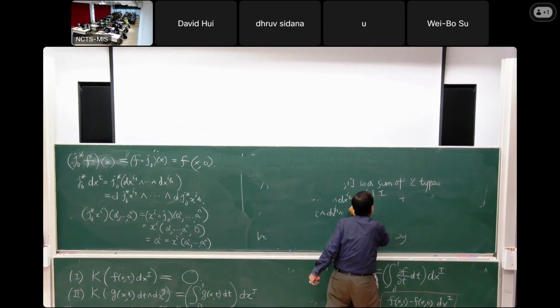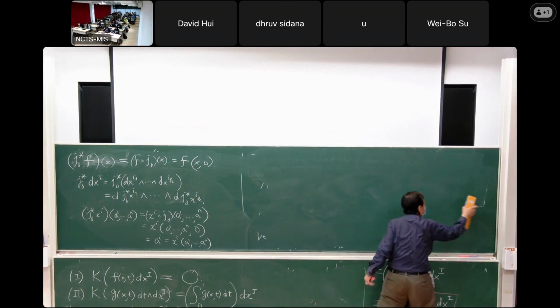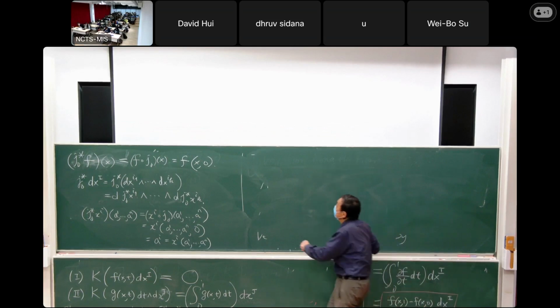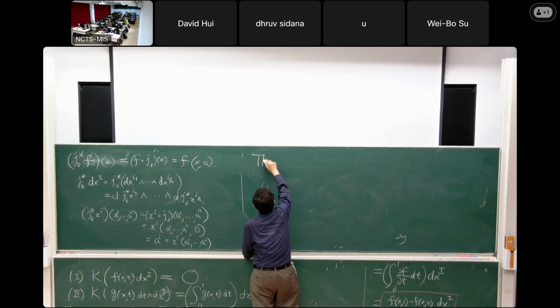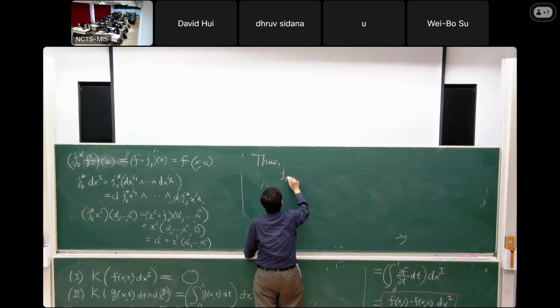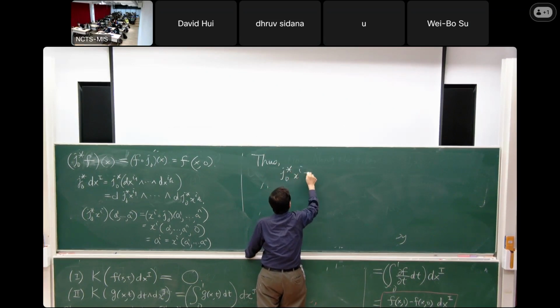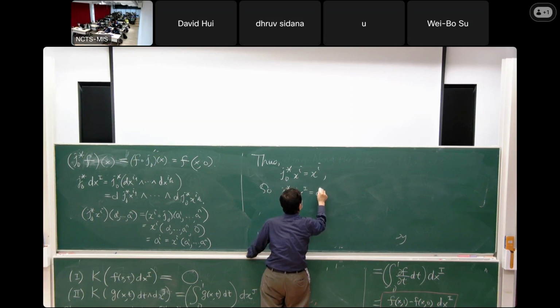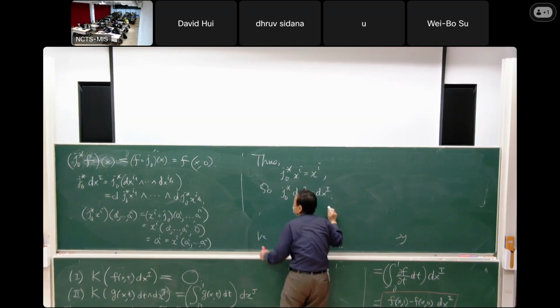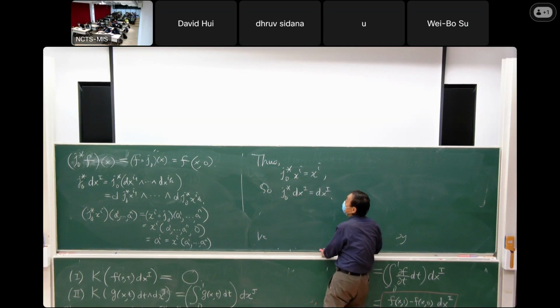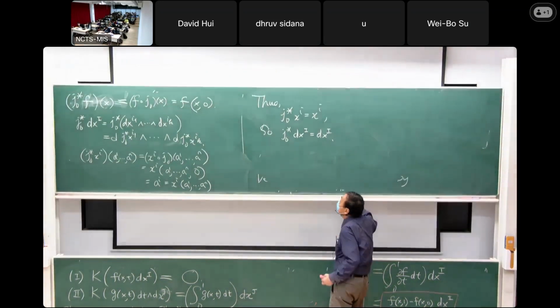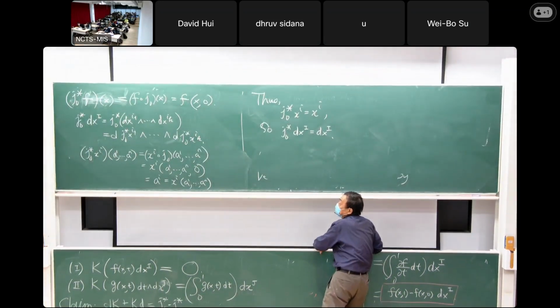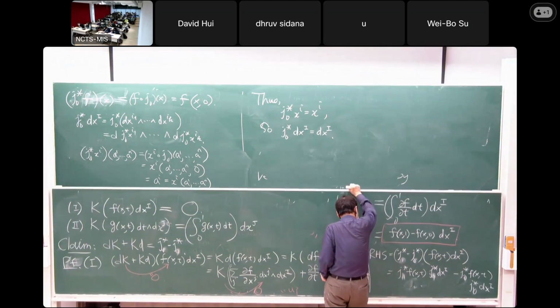Thus J0 star of dxi is just dxi. And now let's look at what we have to calculate.